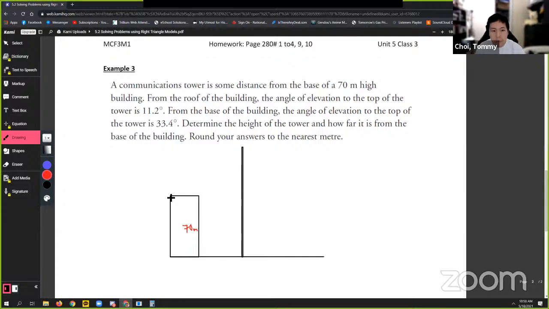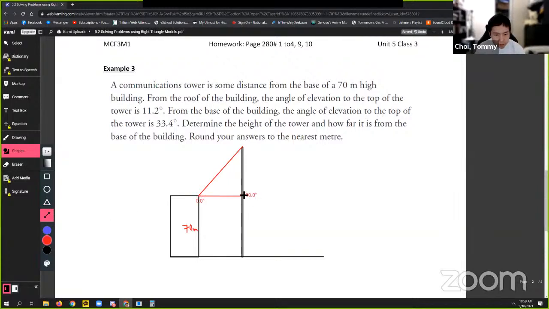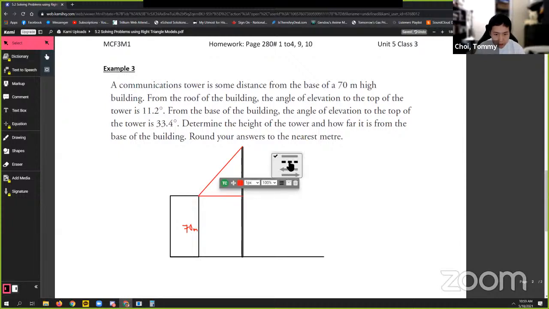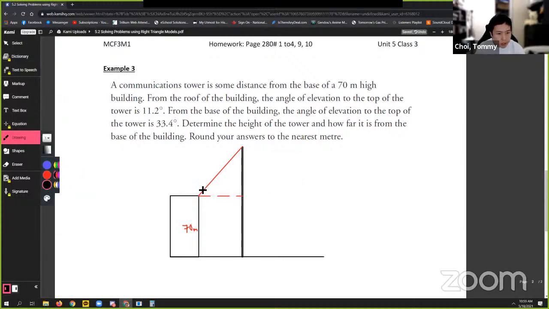From the roof of the building, the angle of elevation to the top of the tower. So I'm going to draw that here. If we draw a kind of dotted line across to show the angle of elevation, it's saying that this angle here is 11.2 degrees.